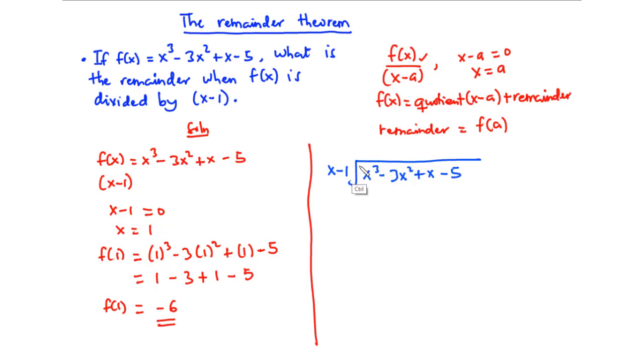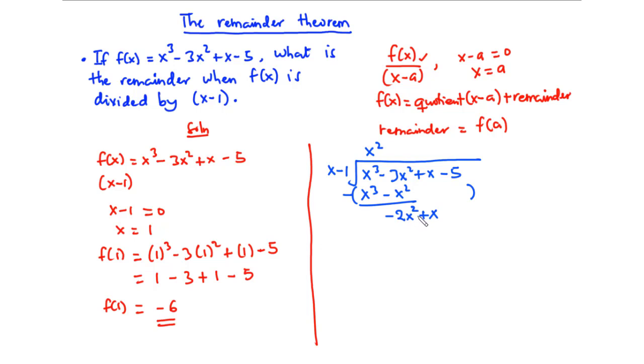So x cubed by x gives x squared. x squared times x is x cubed. x squared times negative 1 is negative x squared. x cubed minus x cubed goes to 0. Negative 3 minus negative 1 becomes negative 3 plus 1, which is negative 2. So we have negative 2x squared plus x.